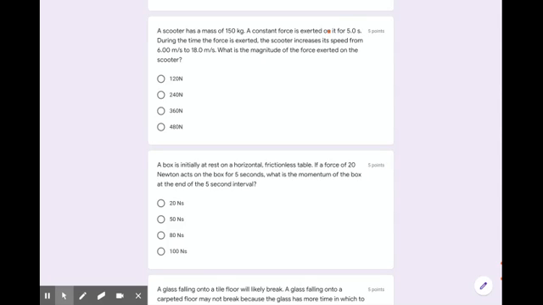What is the magnitude of force exerted on the scooter? So we kind of talk about it. The only thing that we learned so far that has force involved is the change in impulse, which is exactly this. Force times time equal mass delta V. Change in momentum is force times time. Okay? Both are the definition of impulse.